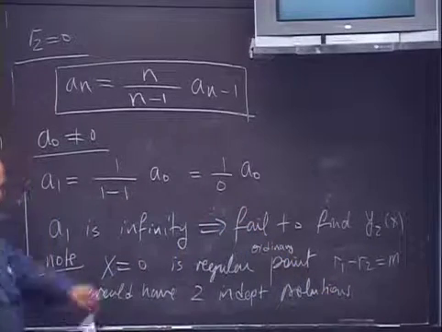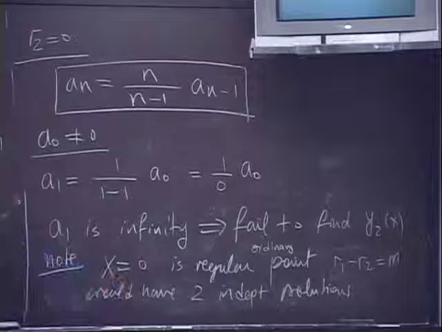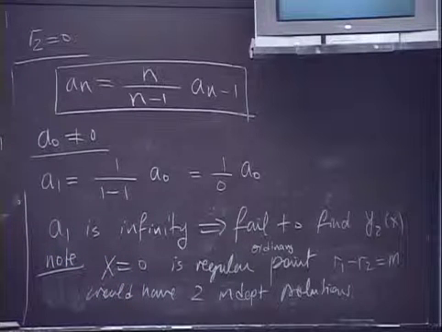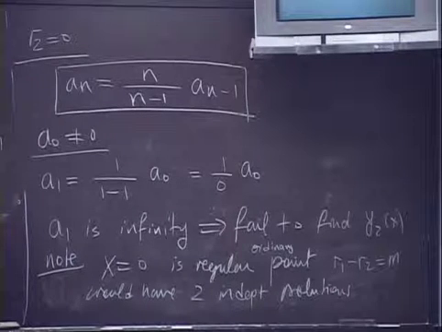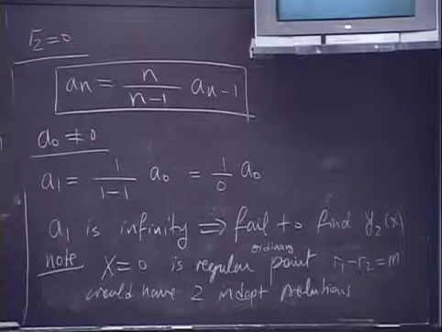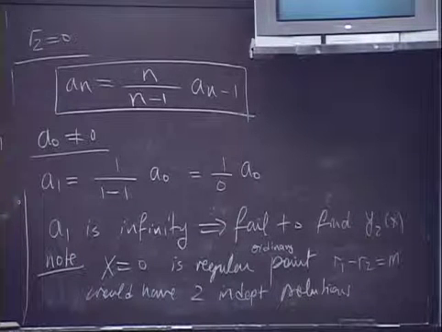So if x equal to 0 is a regular point, not a singular point, we guarantee that we will have two solutions. So when we started the series solution, we knew that if the function is analytic and does not have any singularity, we guarantee that we will have two independent solutions.